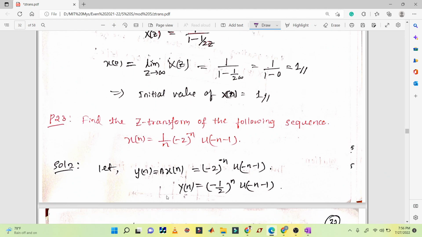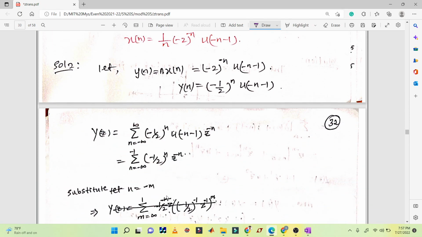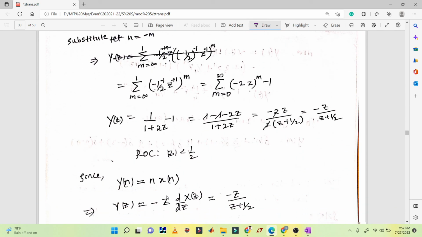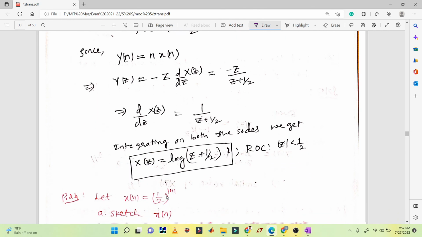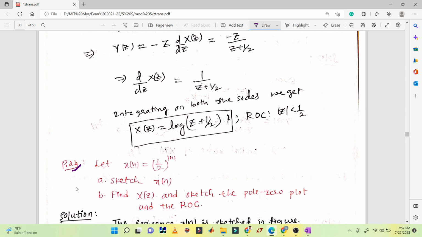This kind of problem we have already solved using properties. And then this P24, this is an important problem. Do solve this problem.